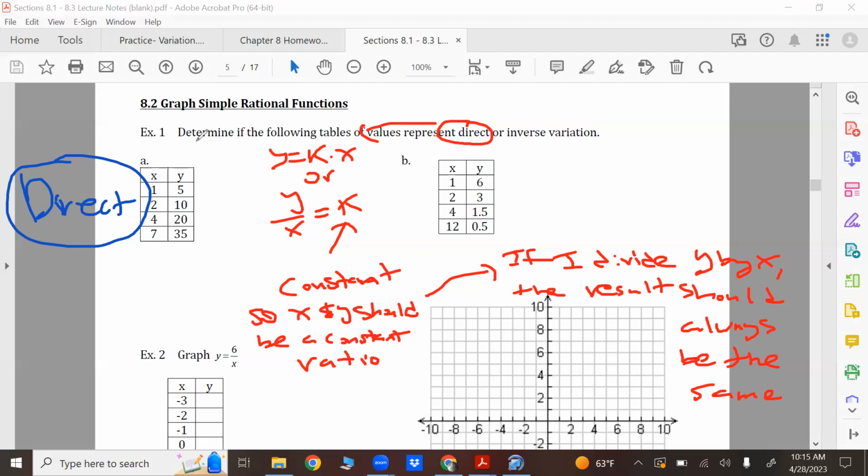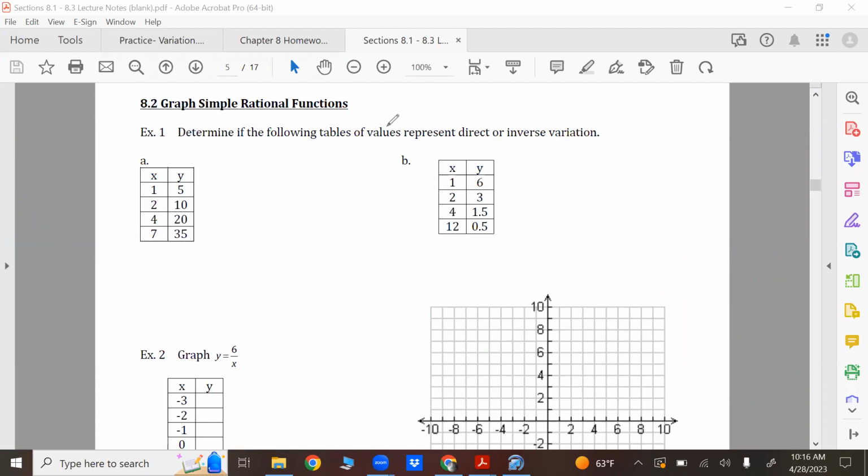Okay. Now inverse is the other way around. We'll switch colors for a bit of contrast. Actually, I'll just clear the screen. Can I clear the screen? We're good? Right. Inverse is the other way around. Y equals k over x, or x times y equals k.